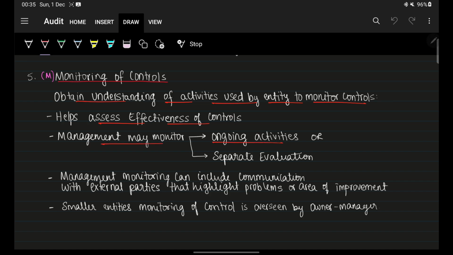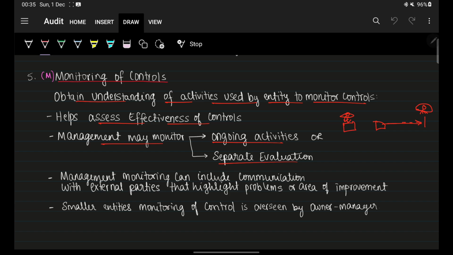Management may monitor ongoing activities or do a separate evaluation, meaning when the activity is going on, they are seeing, or after the activity is done, at a later time, they will evaluate what had happened.